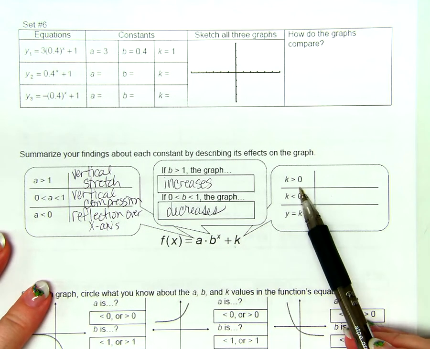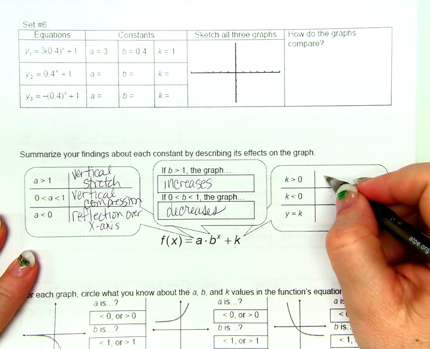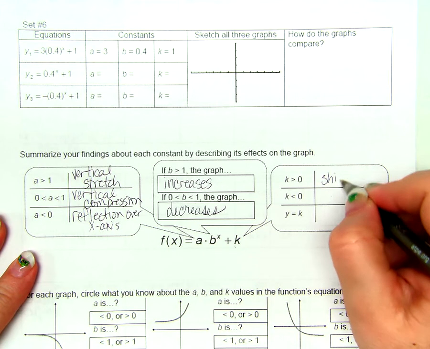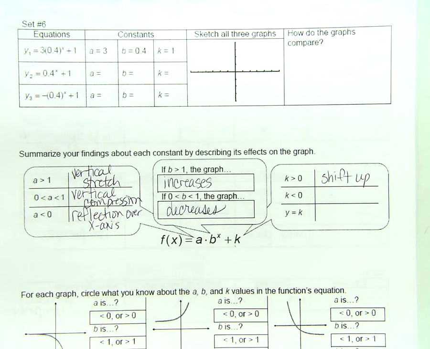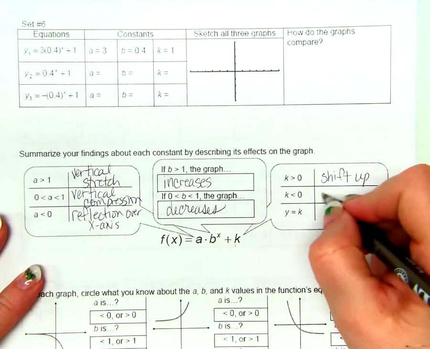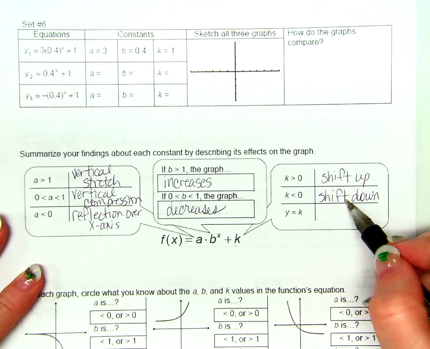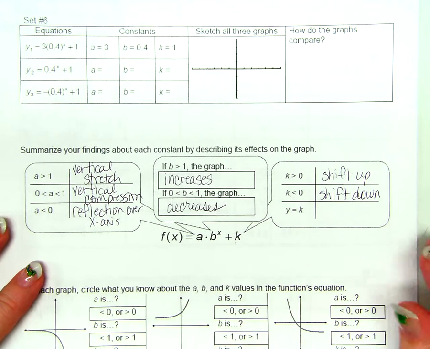If K is greater than 0? We're going to shift up. K, remember vertical, the k of that sound? What if K is less than 0? Down. And what's the most important part of this word right here? The F, right? Don't forget the F.